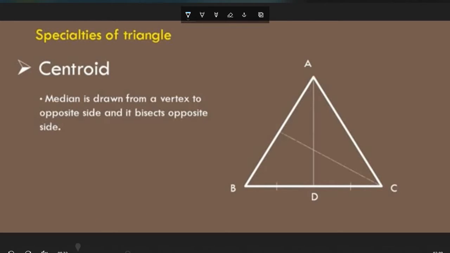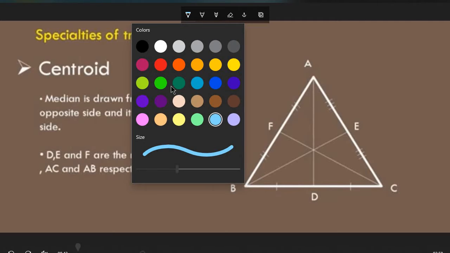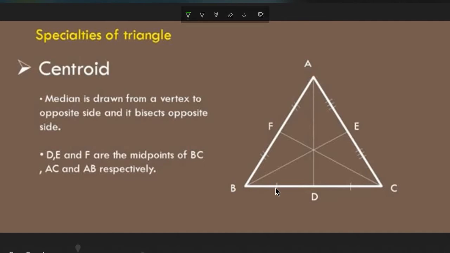See that if AD is the median, then CF is the median, and BE is the median. They are saying that these are the midpoints. That means this part is equal to this part, and this part is equal to this part.